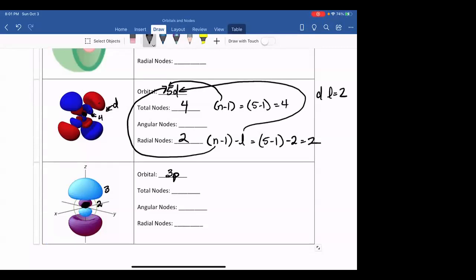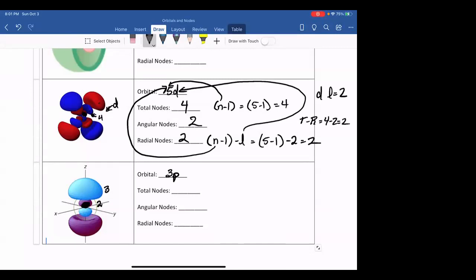To get the angular nodes, you subtract the total nodes minus the radial nodes. So in other words, 4 minus 2, that means it's equal to 2 as well. So for the 5D, you would have 4 total nodes, 2 of which would be radial and 2 of which would be angular.